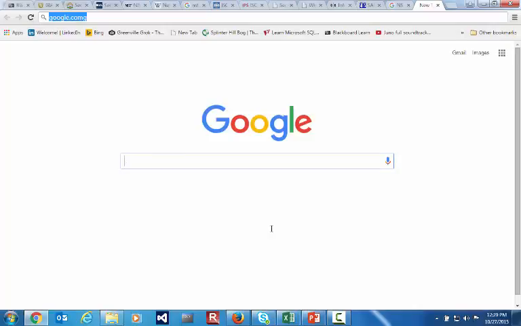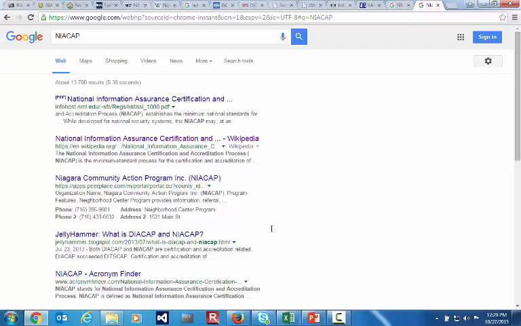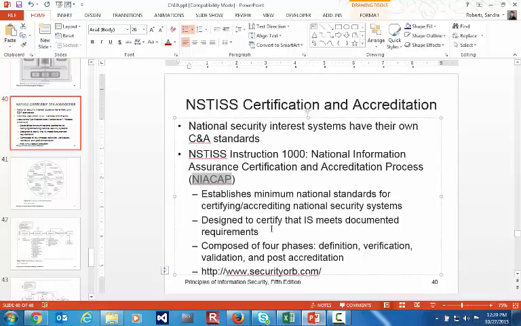I am taxing my computer. So the National Information Assurance and Accreditation, there's the PDF for it. I'm not going to put it in. You can if you want to. I did do the 4 phases here with the security orb. I like the way that site looked.